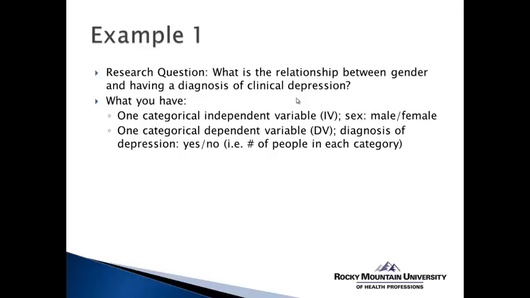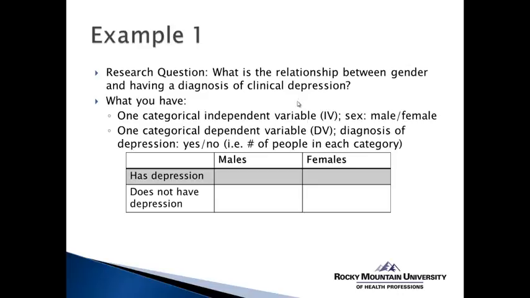And so to graph this out, we could draw this table. So again, here in the columns are our independent variable, gender, male versus female, and in our rows we have our two potential outcomes, the two levels of our outcome, either has depression or does not have depression. Okay, once we've graphed that out, we start to look at some of the criteria. So when we talk about making group comparisons, you might say to yourself, well, I can do a t-test on this.